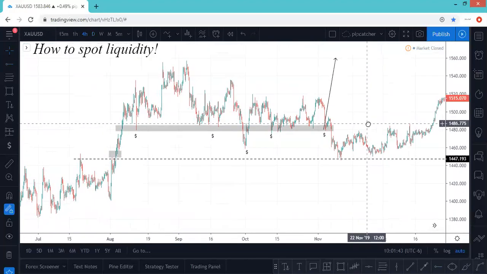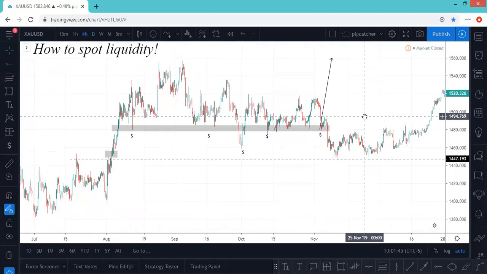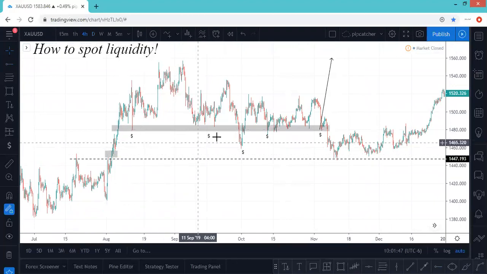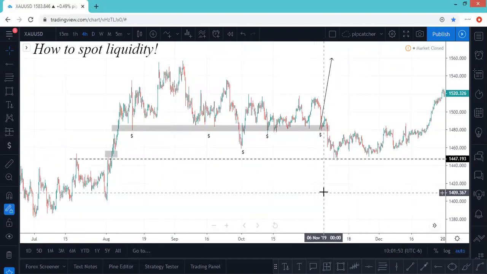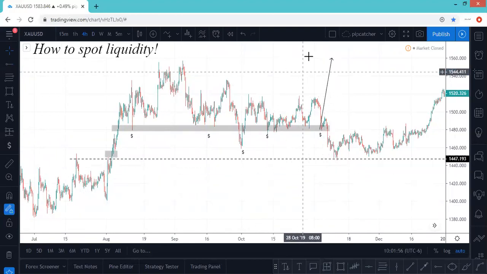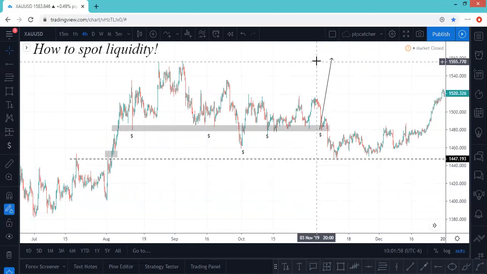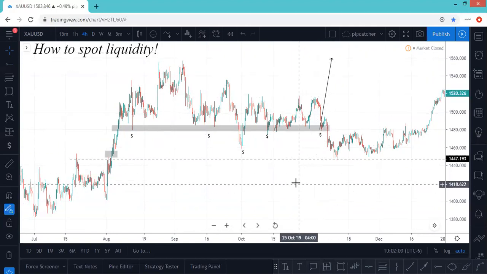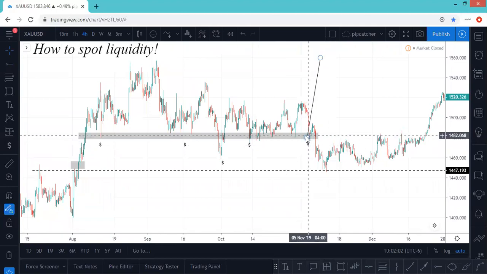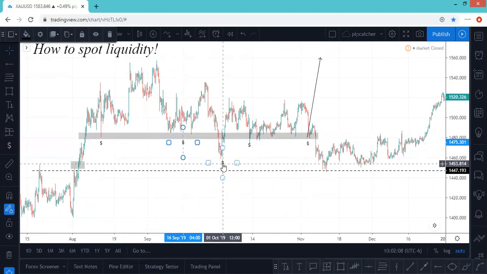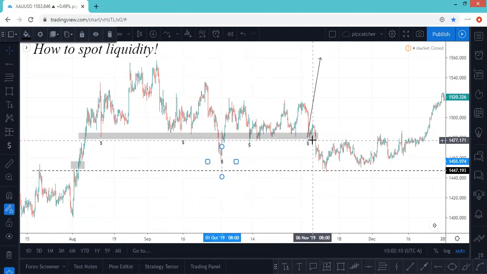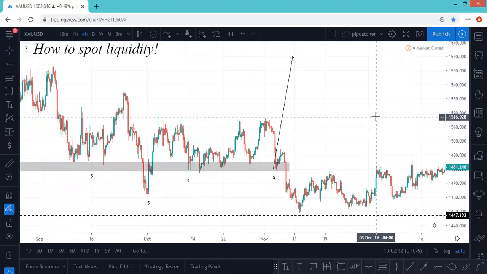And as I preach, the banks, the big money players, they want to buy lower than everyone else and sell higher than everyone else. Okay? So once again, if we imagine 90% of people are buying at these levels here, what's most likely to happen?